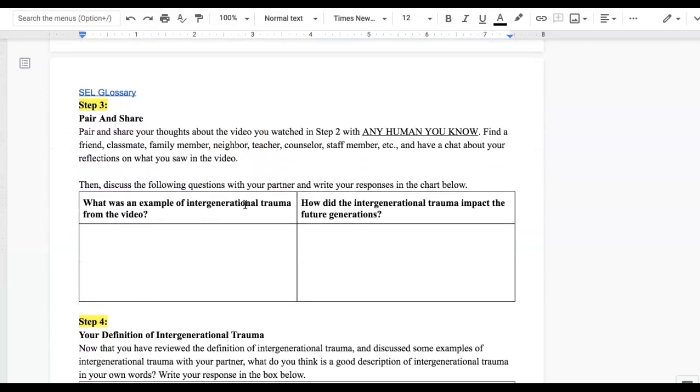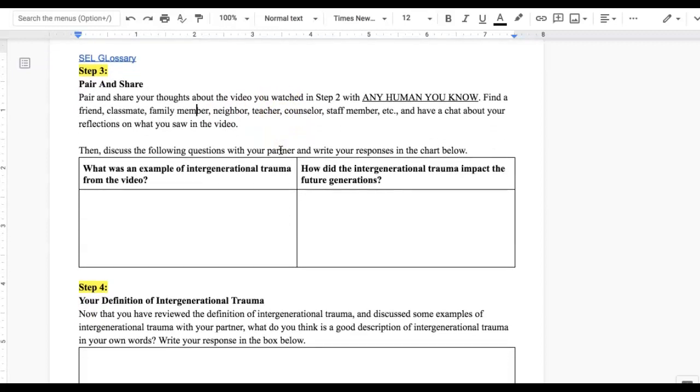Then for the next step, you will pair with someone, and the person that you pair with can be anybody, just any person that you'll be able to talk to. It could be someone that's in the room with you at the time. If you want, it could be the teacher in the room, any staff member. It could be a counselor. You can call someone in your family, a sibling, anyone.